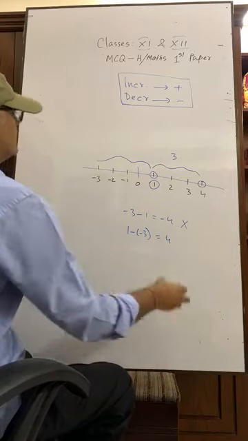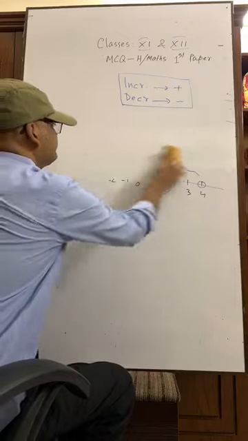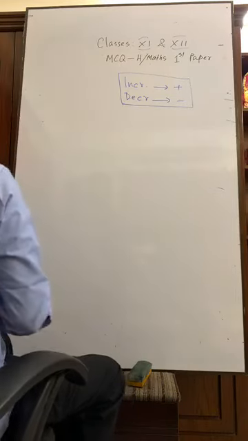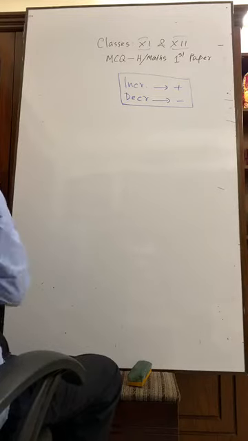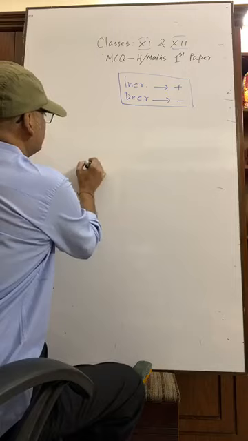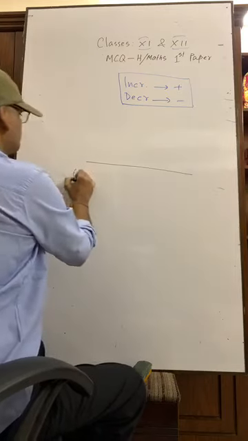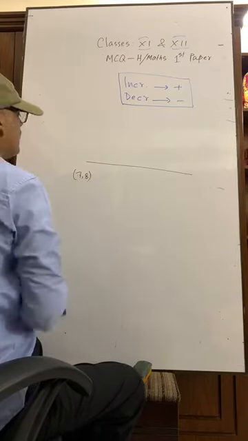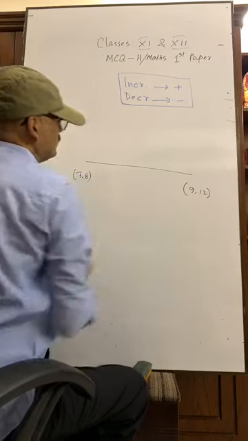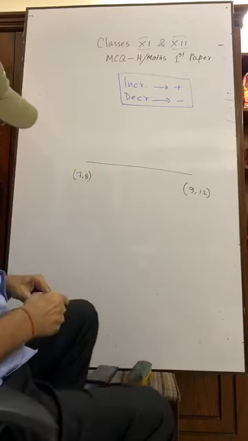Okay. Now, suppose a point is given 7, 8 and it is 9, 12. Okay, we have to determine the midpoint.